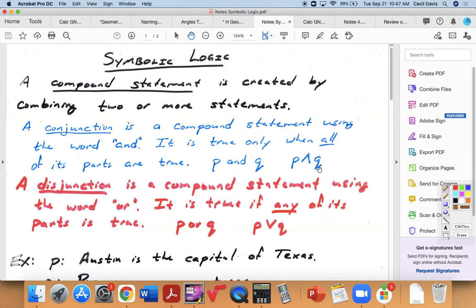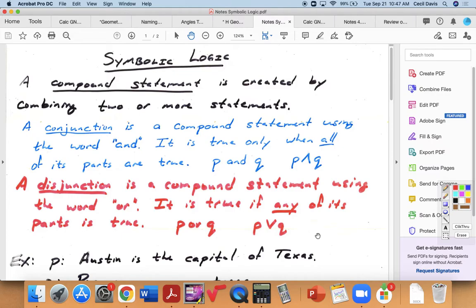As opposed to a disjunction, which is a compound statement using the word or. It's true if any of its parts are true. So in words P or Q, symbolically, P and this symbol that looks like an upside down capital A is or, P or Q. If either one of them, either P or Q, is true, this is a true sentence.